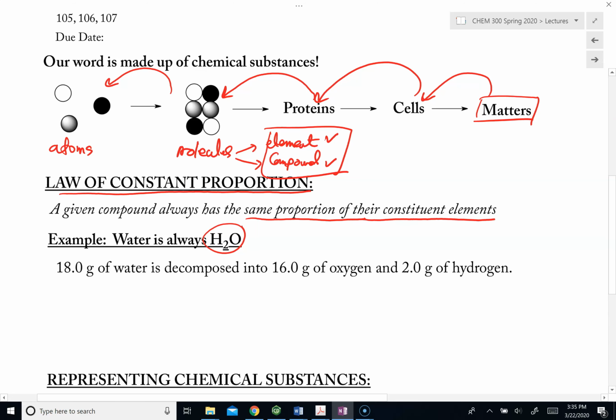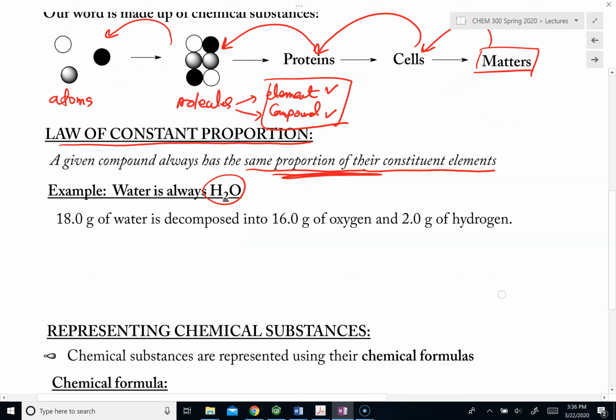Water is not H3O or H1O or any other combination, but always H2O. If it is H3O, it will be a different chemical substance. And if it is H1O, it will be a different chemical substance as well. So every chemical substance has a unique chemical formula, and its proportion will always be the same.